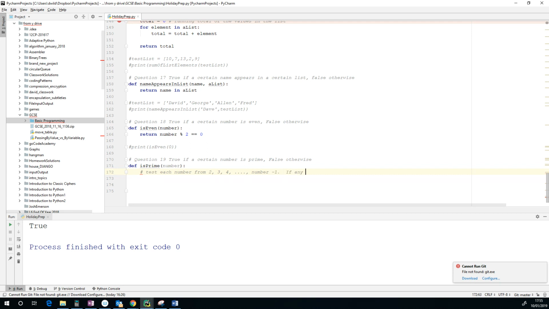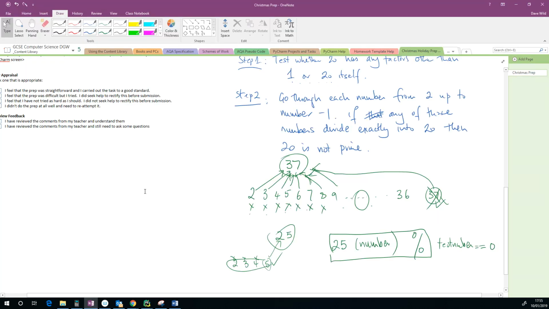If any of those tests produce a factor of number, then it's not prime. If we've gone through every single possibility and none of them divide exactly, then we know that it's prime. We've tested every single possibility.